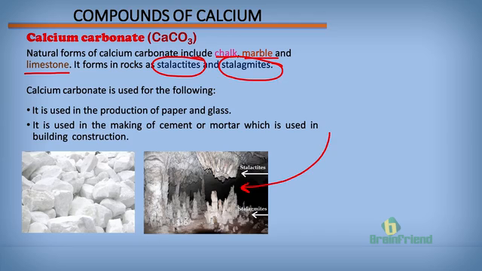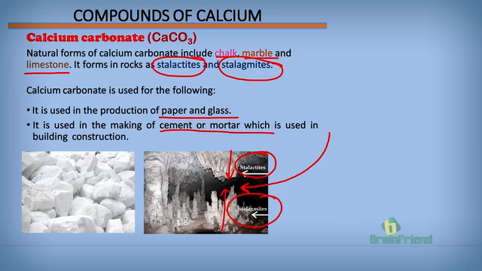The calcium carbonate or limestone forming from up heading downwards are called the stalactites, while the ones that form from down going upward are called what? The stalagmites. All right, so this is a natural way that calcium carbonate forms. Now, calcium carbonate is used for the following. It can be used in the production of paper and glass. It's also used in the making of cement or mortar.